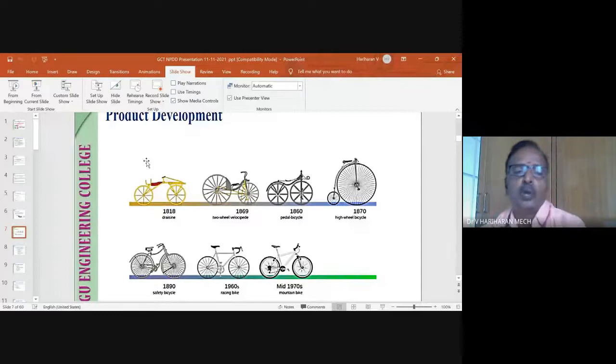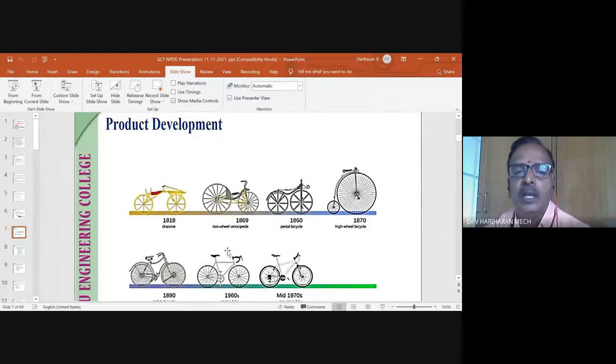Then Toyota came into the picture. Likewise, everywhere they are making different cars. You see that the car model is now changed every year. They are changing the model, the shape and the performance. All these things are only because of new product development. That is one reason.